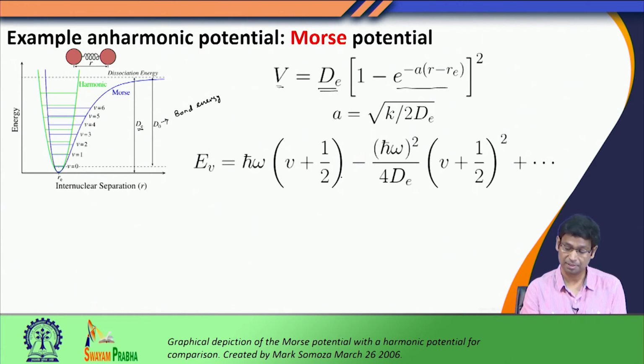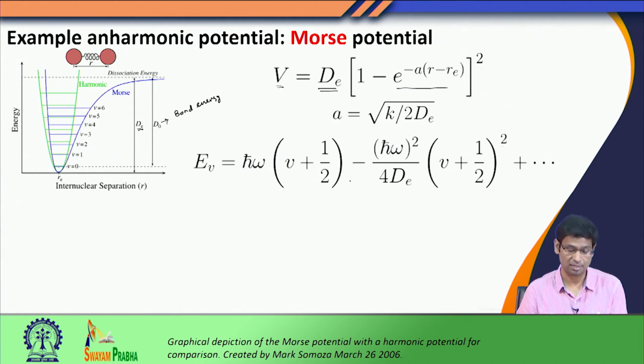This is a negative term, and it depends on V plus half squared, note here, and then there are some terms which are specific to the particular system. For example, omega is the vibrational angular frequency, and dE is the dissociation energy corresponding to that Morse oscillator. Therefore, Morse oscillator energy levels are slightly different from the harmonic oscillator energy levels.